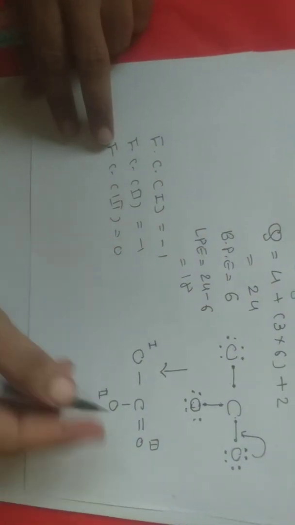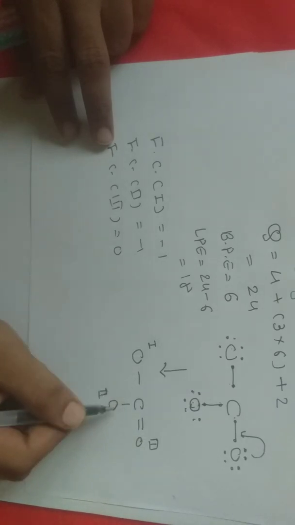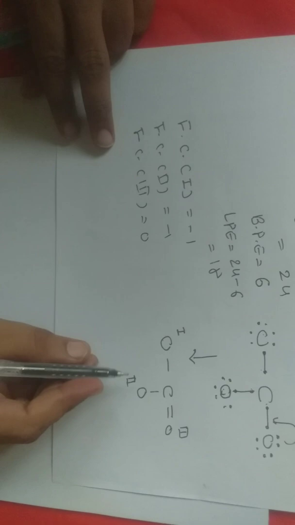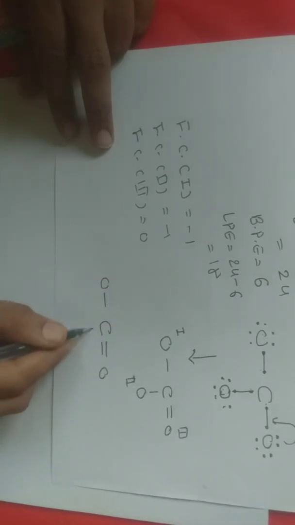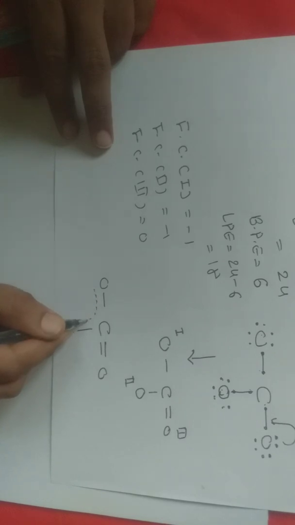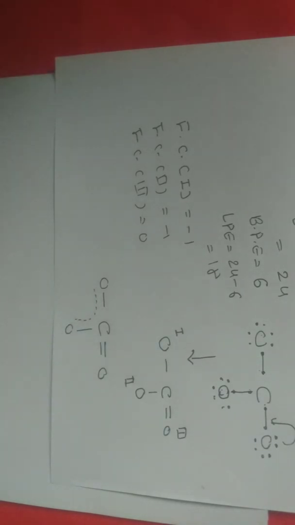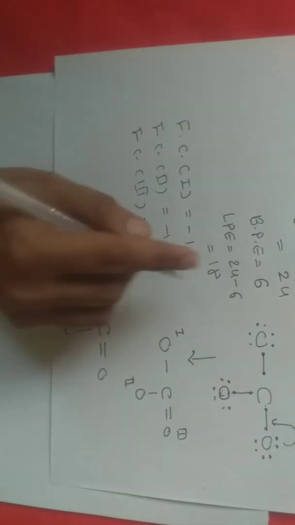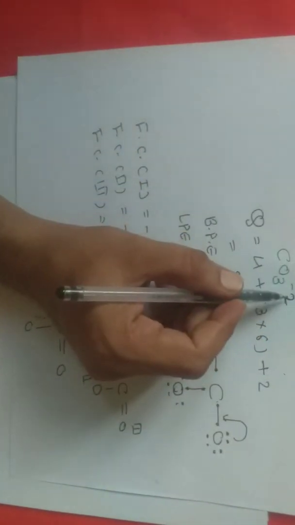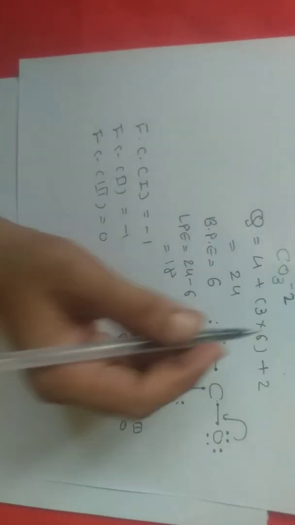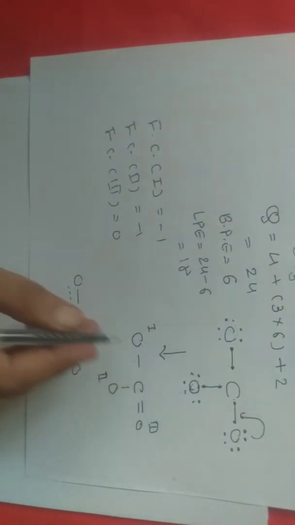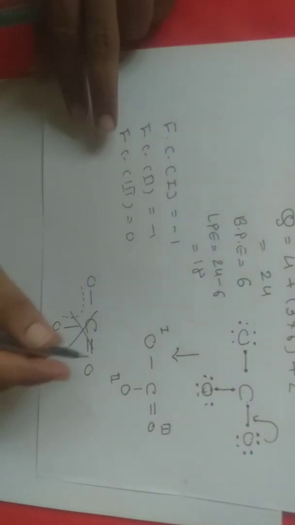So again, in CO3 2-, the -1 charge is oscillating between these oxygens. So I will put it like this, like this. Sorry friends, there is a -2 charge, meaning not a single electron shared between two oxygens, but each oxygen having a -1. So this is not the proper way.